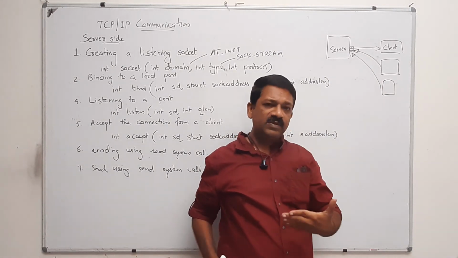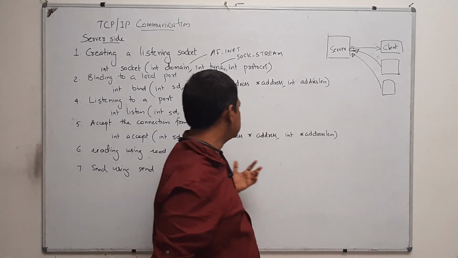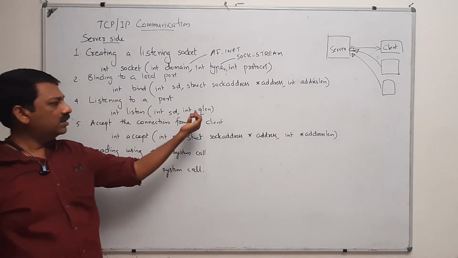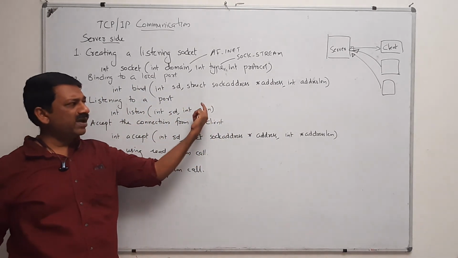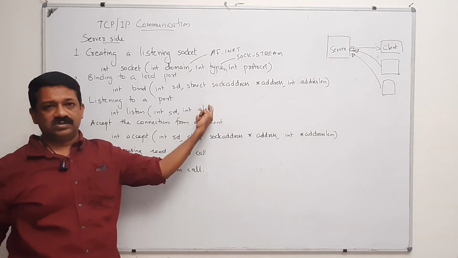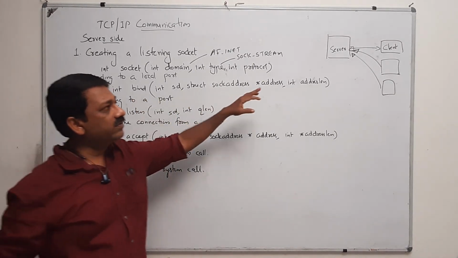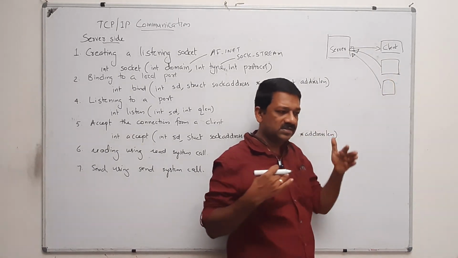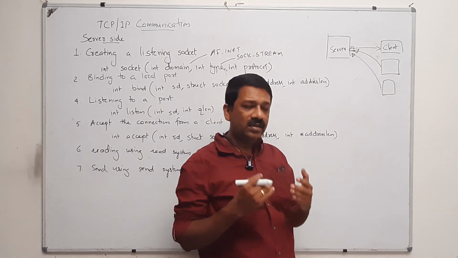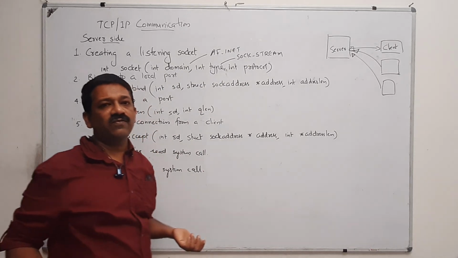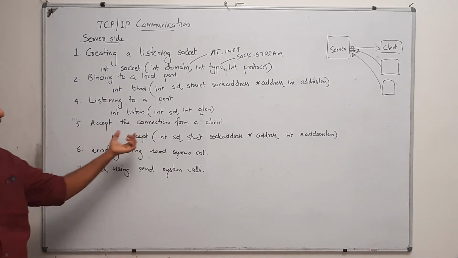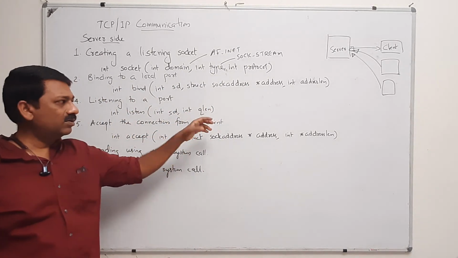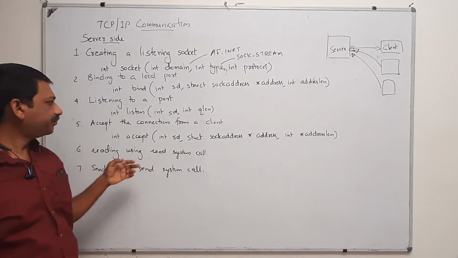The maximum number of requests in the queue is defined by this queue length, that is, the maximum number of waiting requests. After servicing this client, it will come to the next. So in the queue, the maximum number of unserviced requests is defined by the queue length. Normally it will be 5.